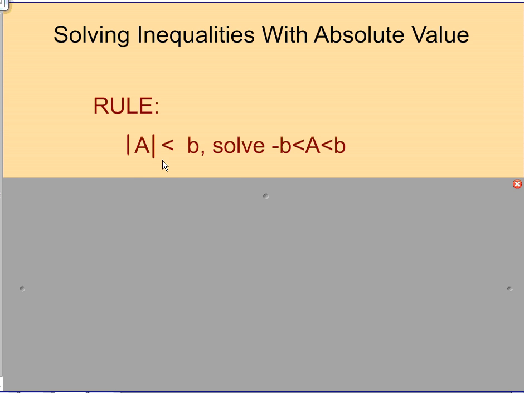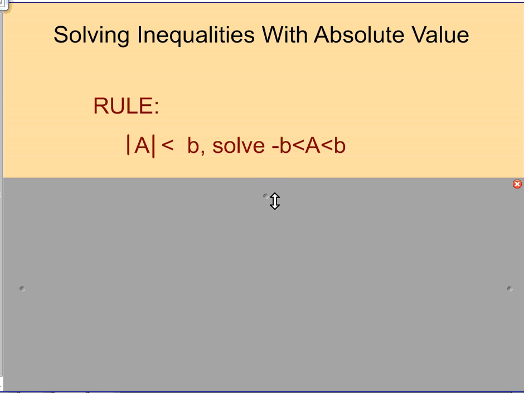First up, if we have an absolute value of whatever equation we have in here is less than a number, then we're going to solve it using a compound inequality that looks like an and compound inequality. Okay, so it's going to be negative b is less than whatever a is, which is less than positive b.